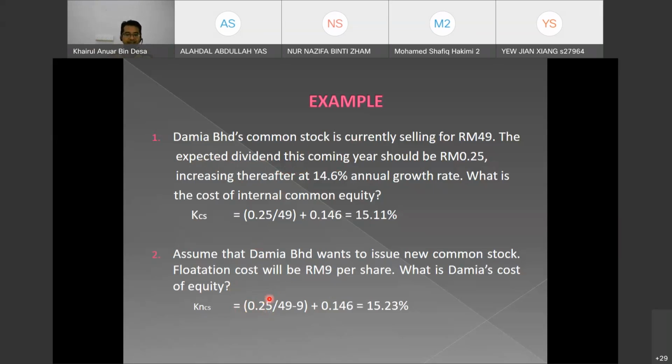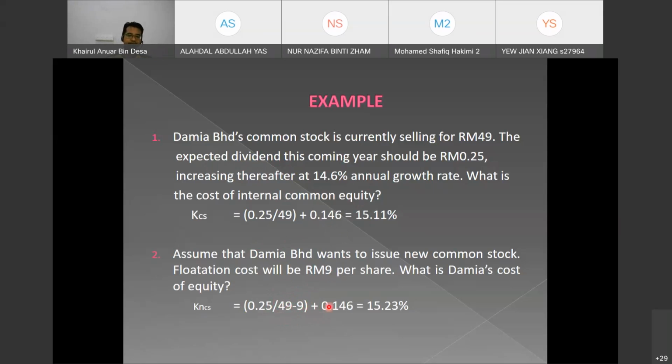This is the net price: the market price of 49 ringgit minus the flotation cost of 9 ringgit, so we get 40. 40 is the net price.